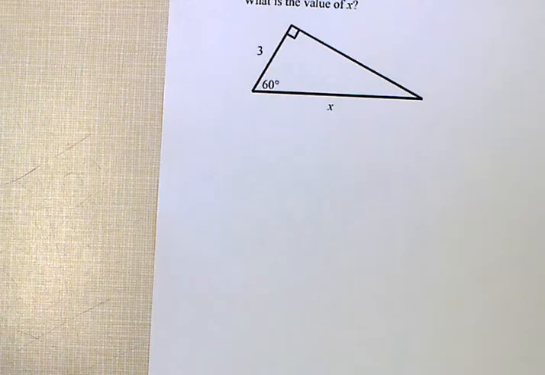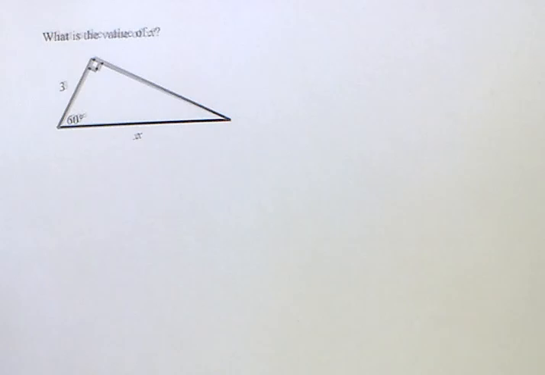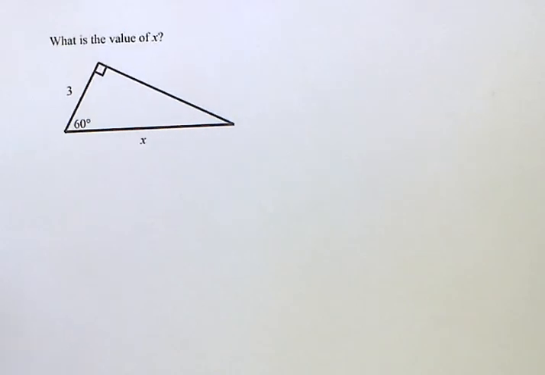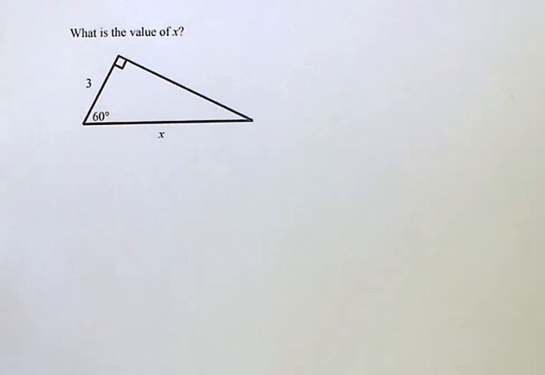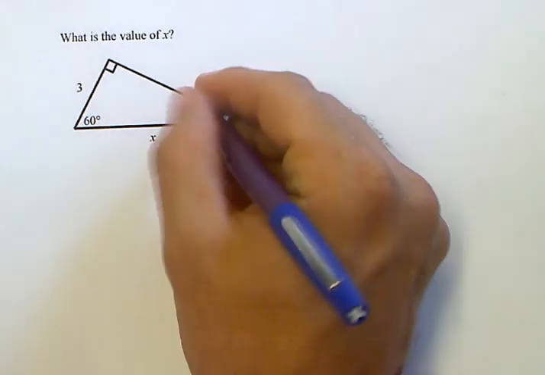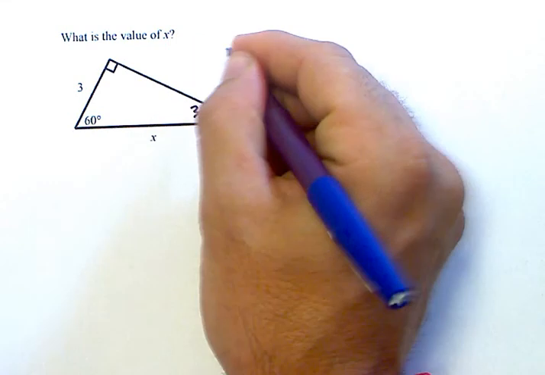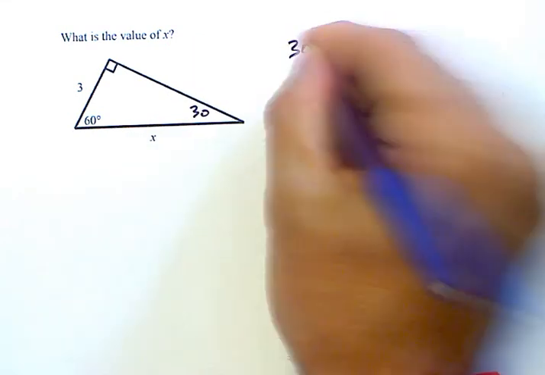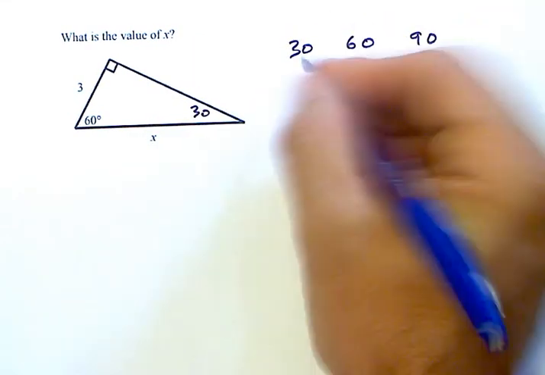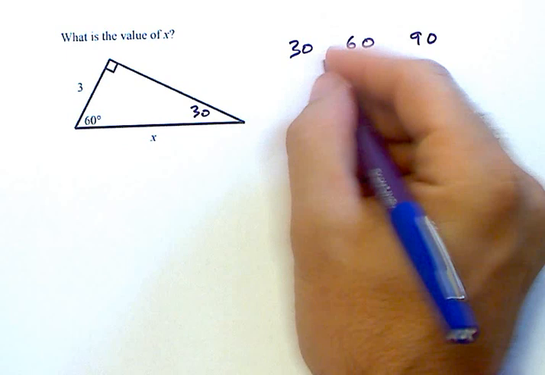Let's take a look at one where they're giving you the side opposite 30, okay? So let's say they're giving you the side opposite 30. This one's a little easier, because you have your ratio 30-60-90. They're giving you the side opposite 30, which is 3.